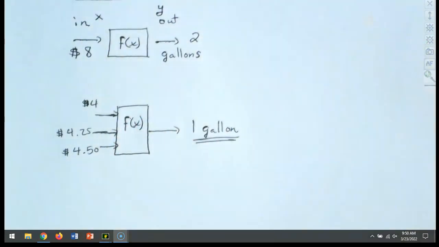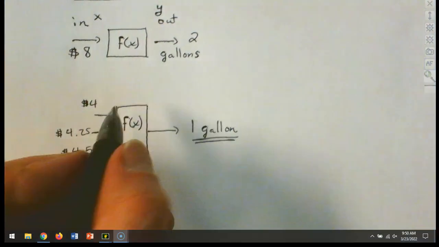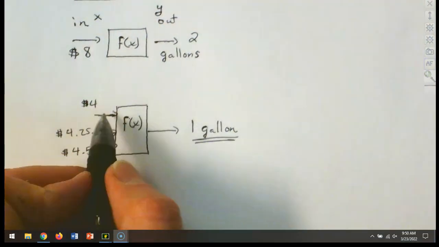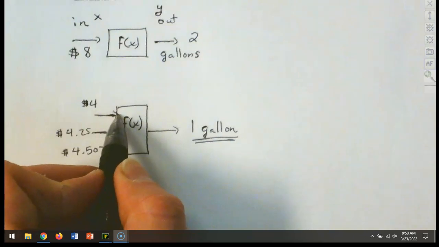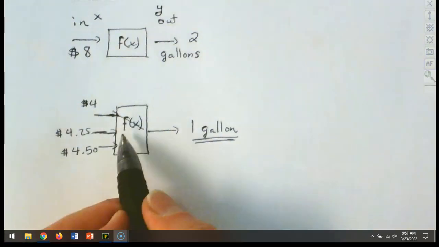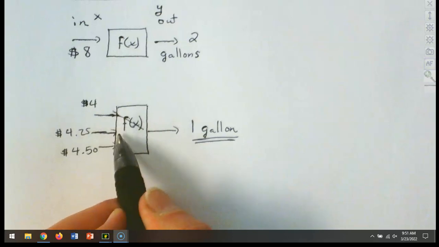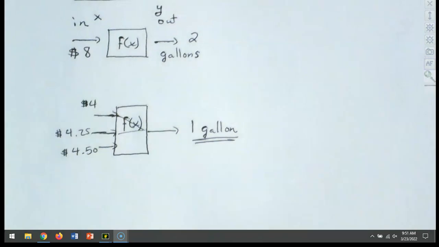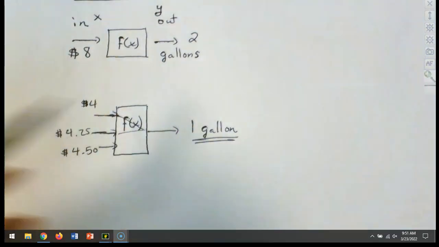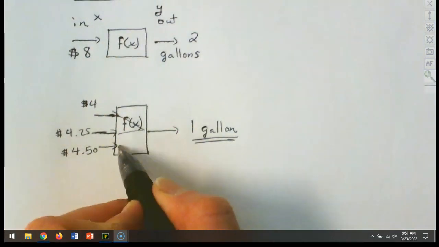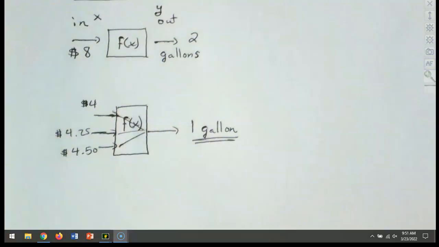So this is what a function is. You take something and you get something else out. So if I go to the gas station and I pay $4, I get 1 gallon of gas of regular, 87. If I go to the gas station and I pay $4.25, that's going to give me a gallon of premium. And then if I pay that $4.50, that's going to give you the highest level, right?